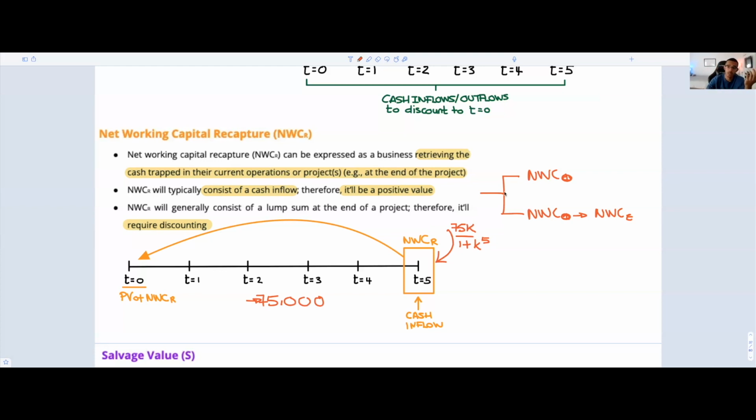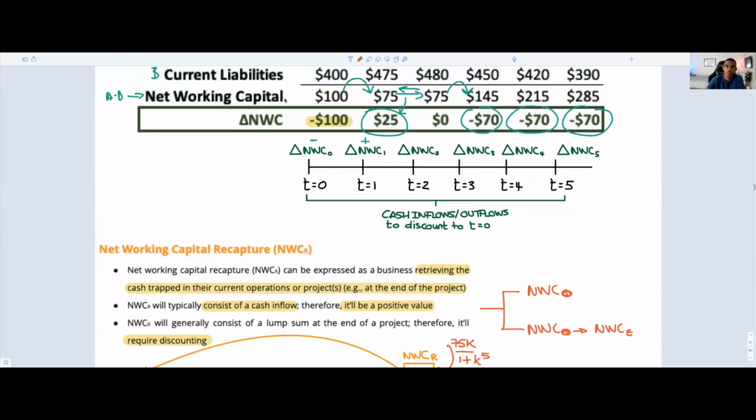Now, in some cases, you may have problems like this, where it was minus $100 at year 0, $25 at year 1, 0 at year 2, minus 70, minus 70, minus 70 from year 3 to year 5. Well, in those types of questions, what's important here is that I want you to understand that you're not just going to recapture the minus 100 that you had at the very beginning.